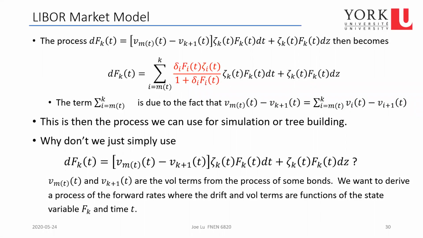Once you are able to simulate those forward rates and convert them into the term structure of interest rates, you can use them to calculate any interest rate derivatives, basically, because they are just functions of the interest rates that you have simulated.